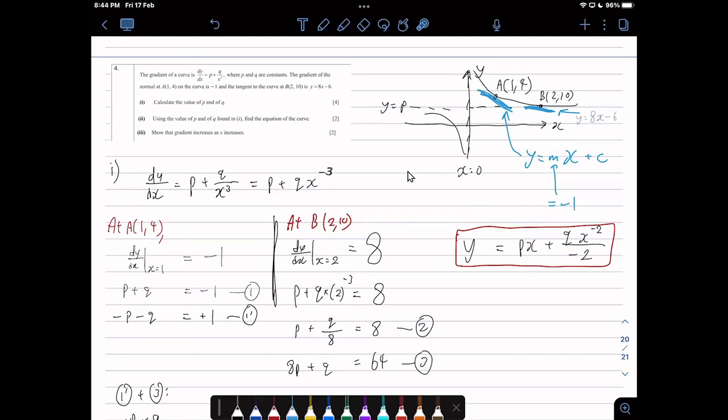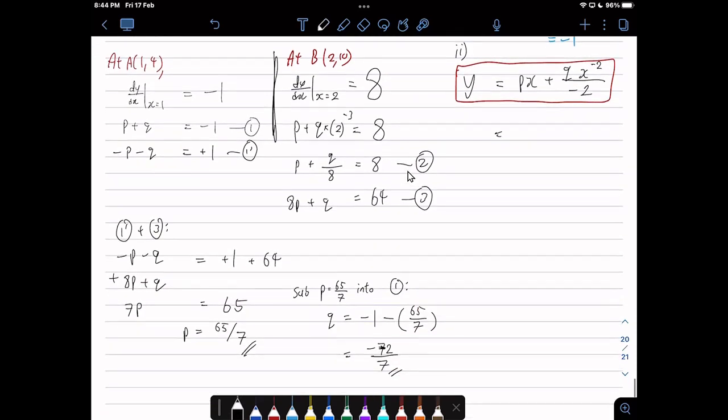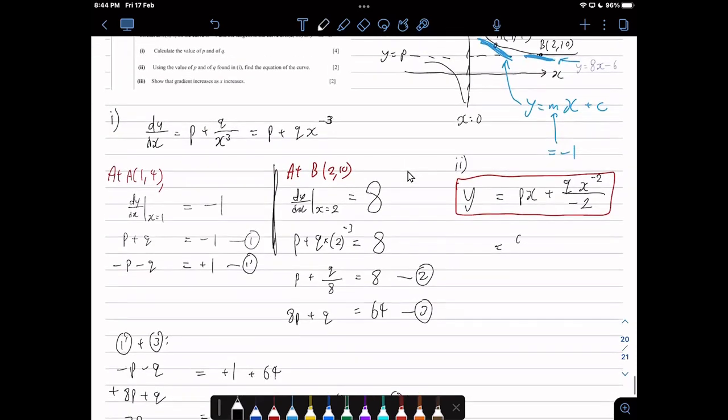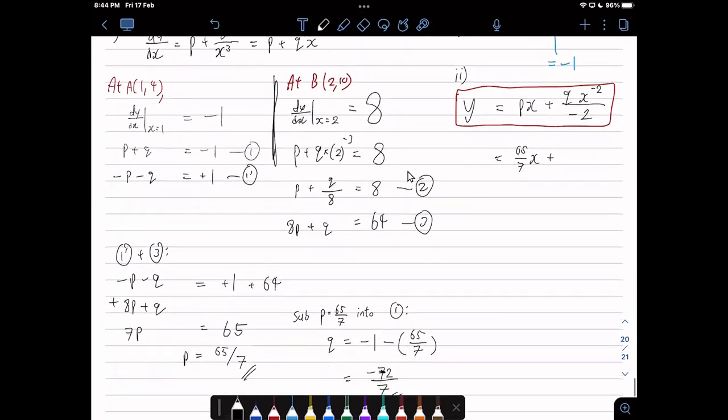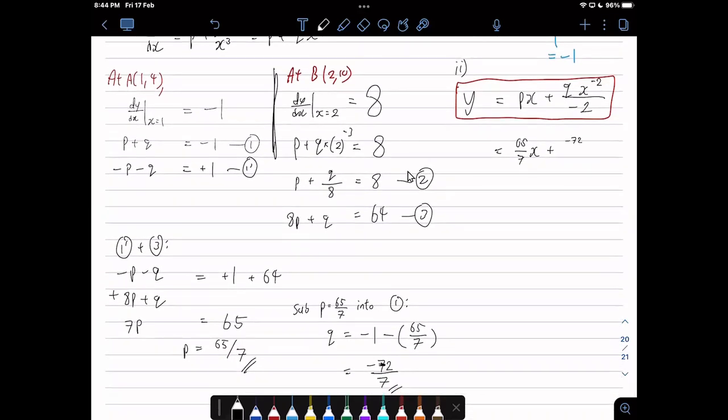Using the value of P and Q found in part 1, find the equation of the curve. Actually, we need this working for part 2, the y equals. We found p already, right? So just replace p with 65/7 plus q is negative 72/7.